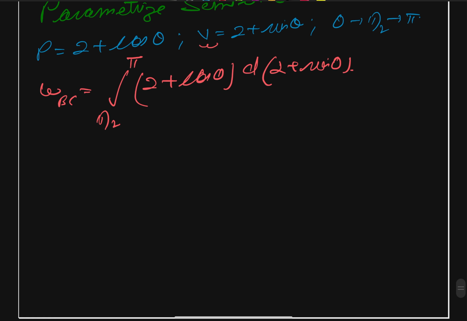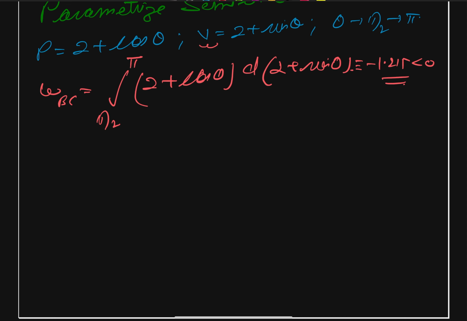and we can just put the values. So let me write the answer directly because it is quite simple to solve. This will be coming as minus 1.215, which is less than 0.